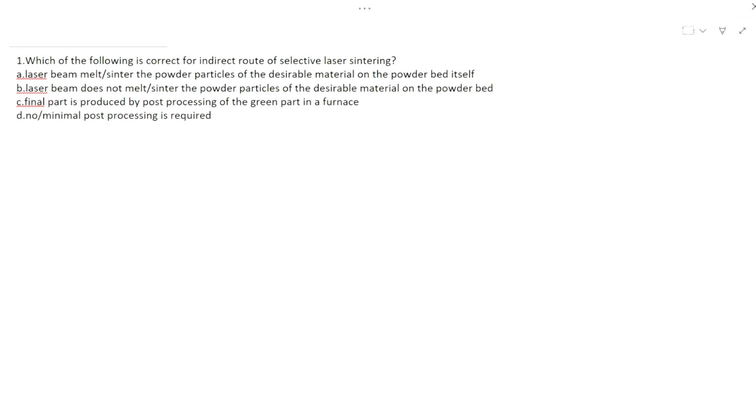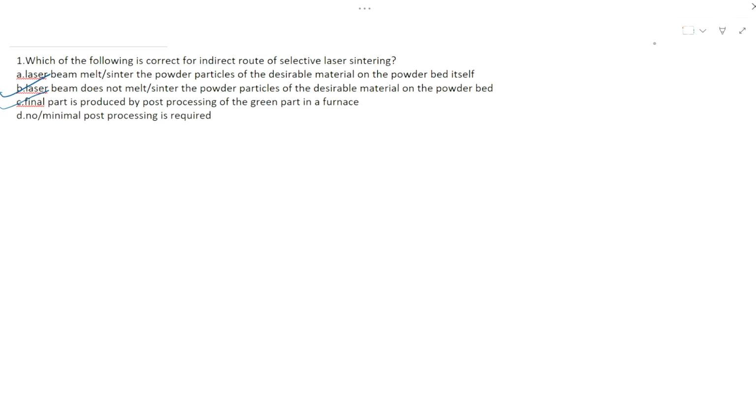We discussed this concept just now, the direct route and indirect route. The first option is that the laser beam melts or sinters the powder particles with desirable material on the powder bed itself, and the laser beam does not melt or sinter the powder particle. Option B, final part is produced by post processing of the green part. This is correct.